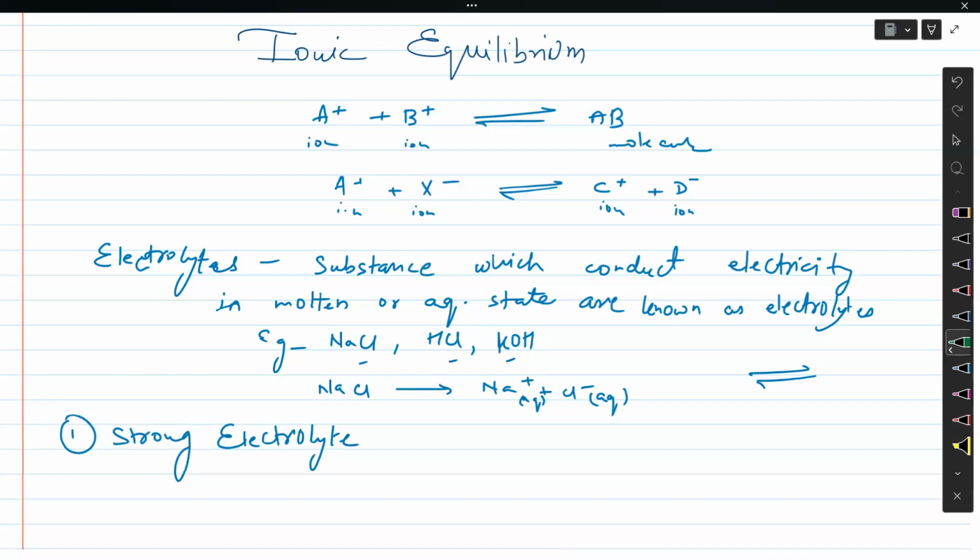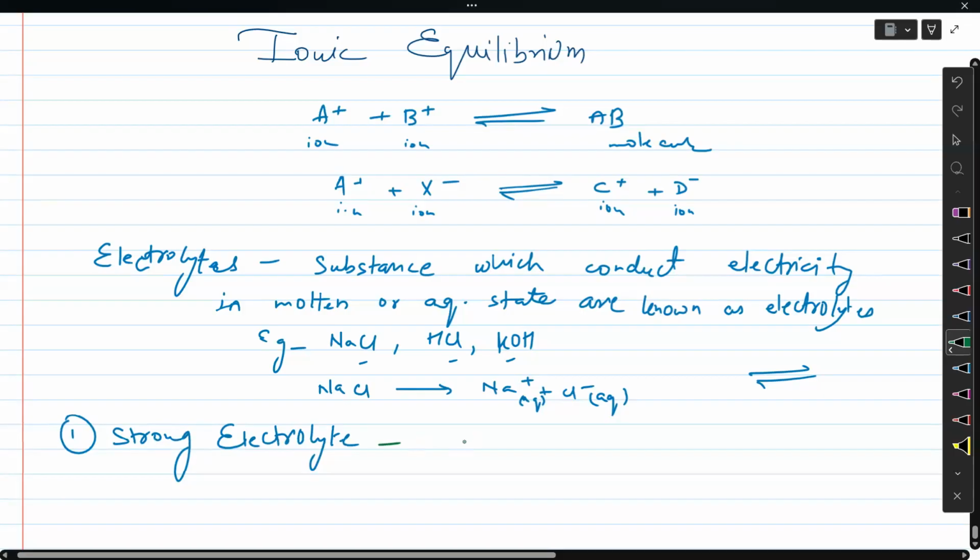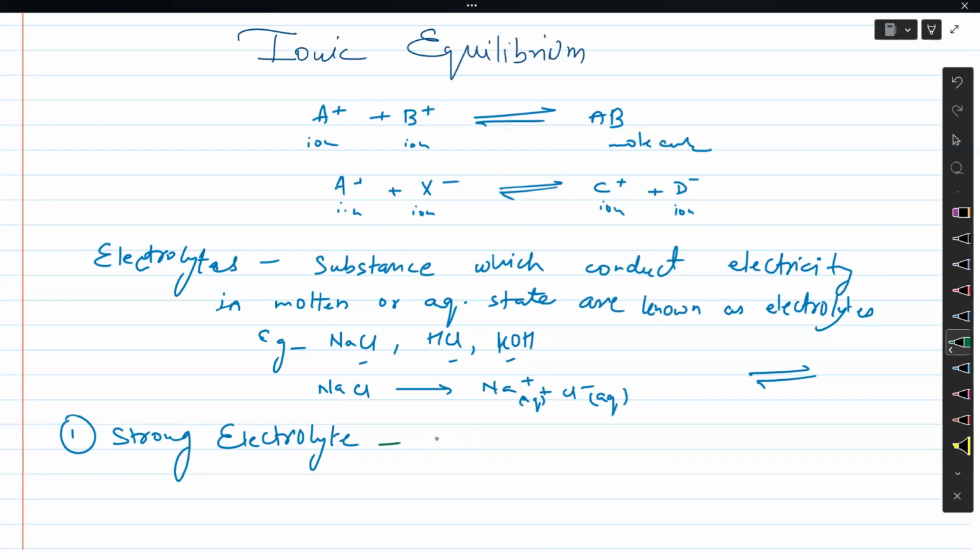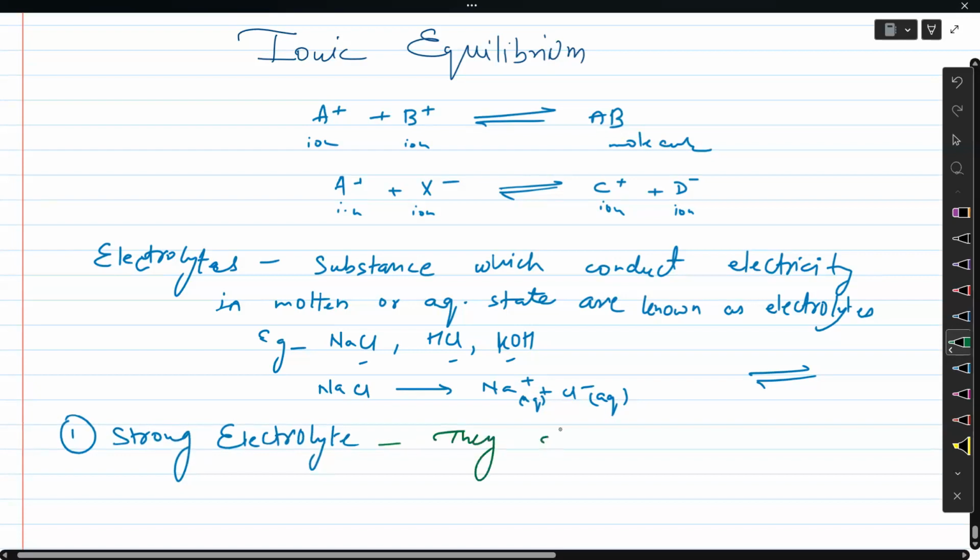Understood till here? Yes, sir. For a strong electrolyte, the definition is that they show complete dissociation into ions.